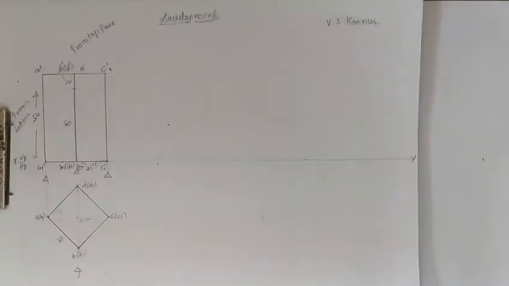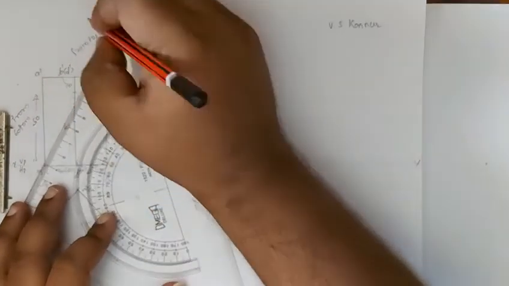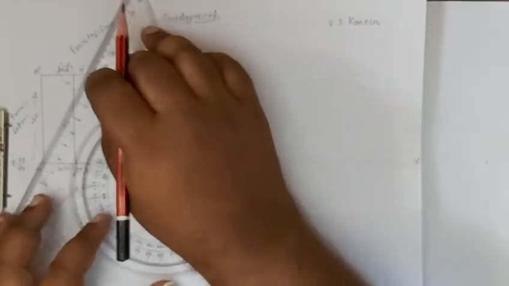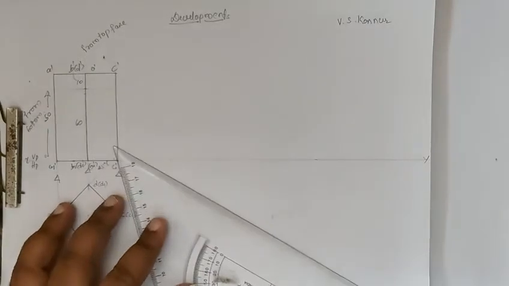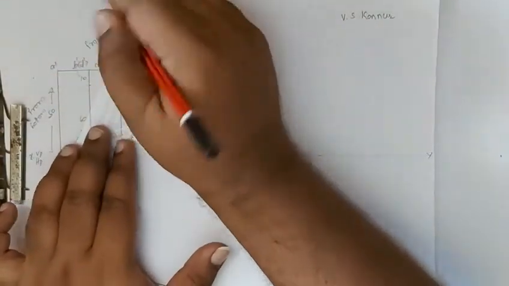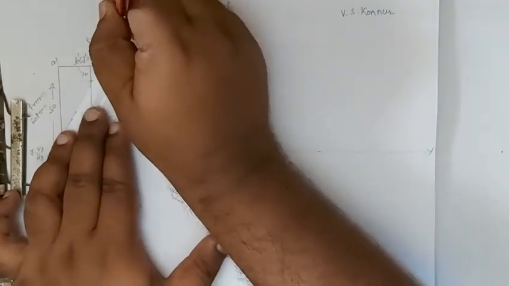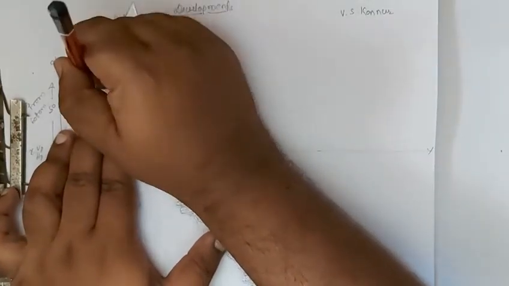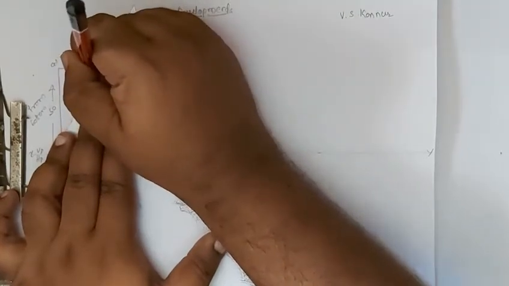We'll draw a line from this point. It should pass through the center on the axis. Now I'm drawing an axis line.